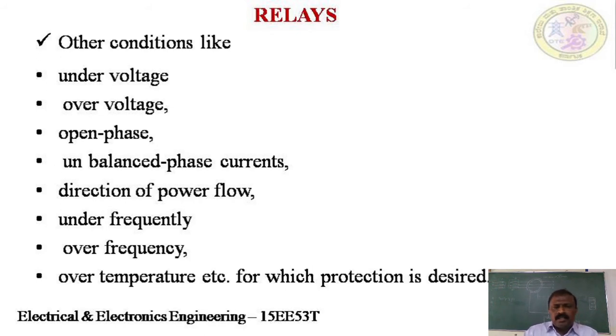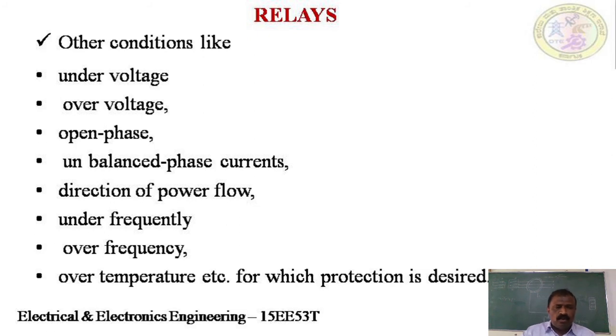The other conditions for which protection is required or desired are under voltage, over voltage, open phase, unbalanced phase currents, direction of power flow, under frequency, and over temperature. For these purposes also we are using relays. The relays may sense voltage magnitudes higher or lower than the rated voltage, giving over voltage or under voltage.